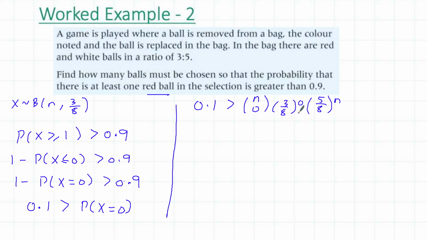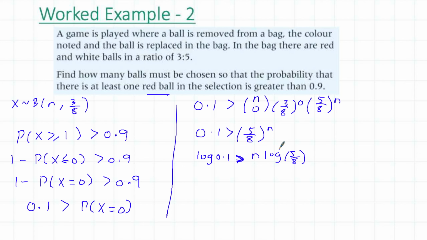n choose 0 is just 1. 3/8 to the power of 0 is just 1. So I'm left with 5/8 to the n. You can use the GDC up to this point, or we can use logarithms. So log 0.1, and then log of 5/8.